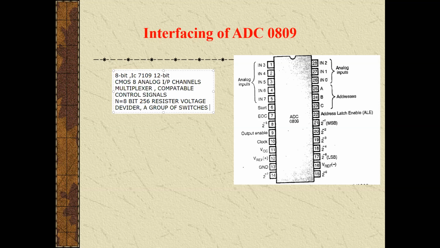The input can be selected by using a multiplexer, and those control signals are very compatible to interface this analog to digital converter to a microcontroller or microprocessor. It also has an 8-bit 256 resistor voltage divider, and also the group of switches.